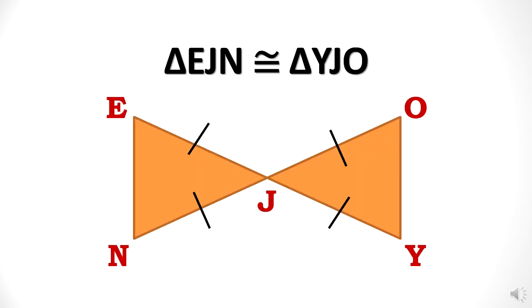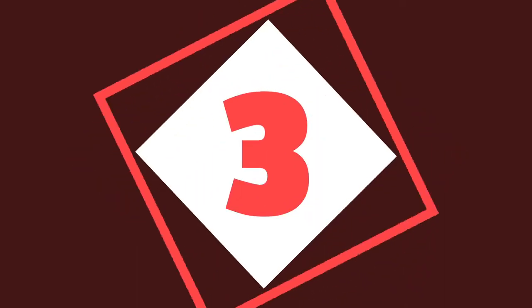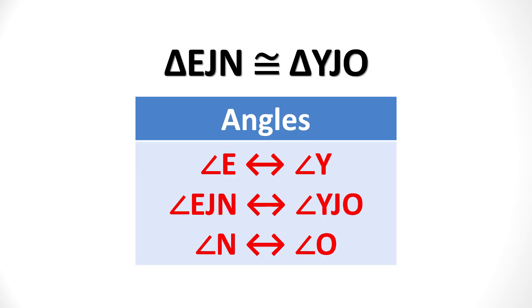I'll flash the figure again on the screen and I'll give you another 10 seconds to list down the correspondences that exist in the angles of the congruent triangles. Did we end up with the same answers?